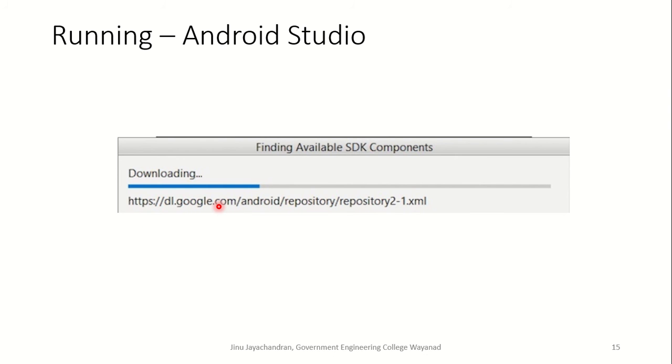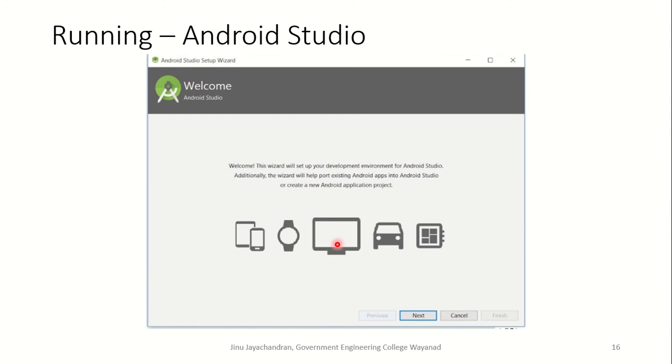So you should make sure that you have enough data available so that the download will be a successful one. Make sure that you have at least 1 GB remaining.